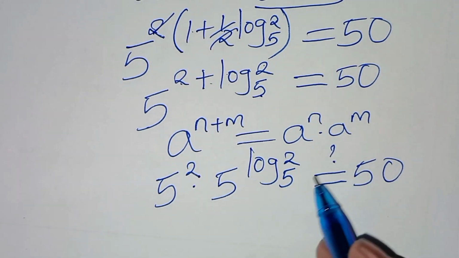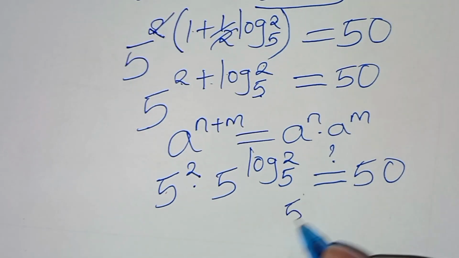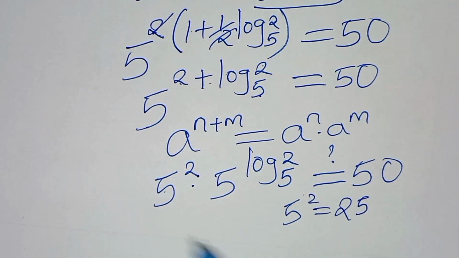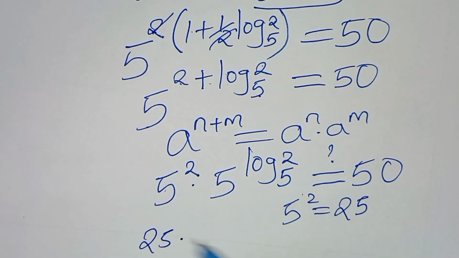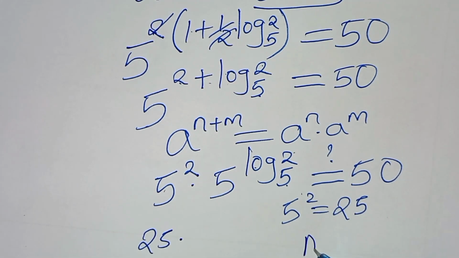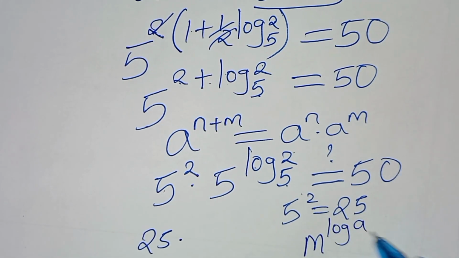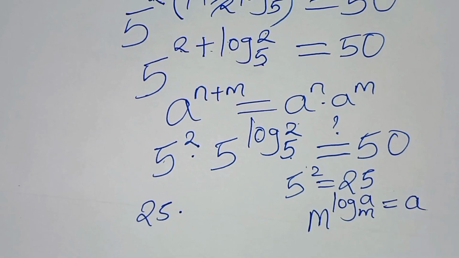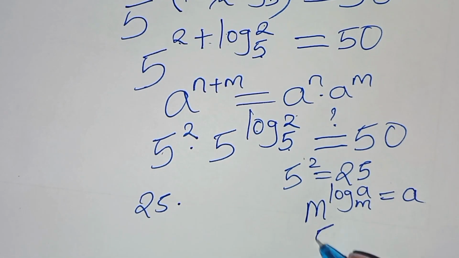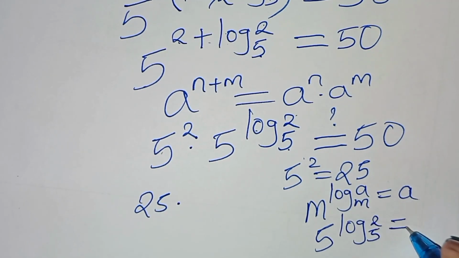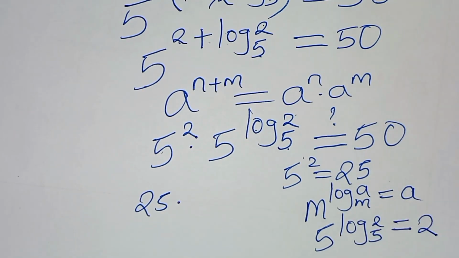Now 5 to power 2 is equal to 25. So here we'll have 25 multiplied by 5 to power log 2 to base 5, which is in the form of m to power log a to base m, which is equal to a. Applying this property, 5 to power log 2 to base 5 should give us a value of 2.